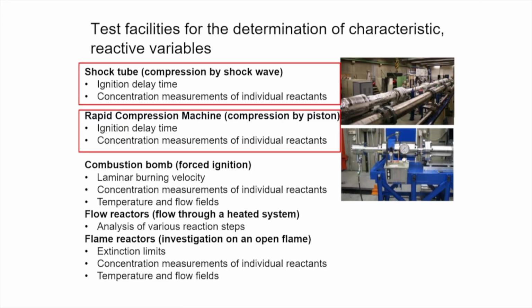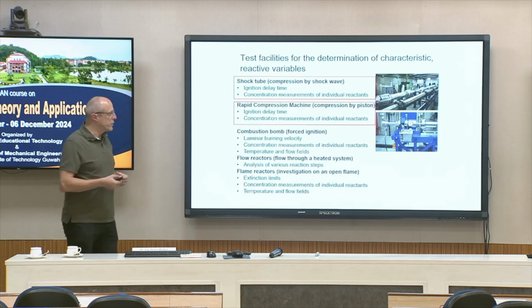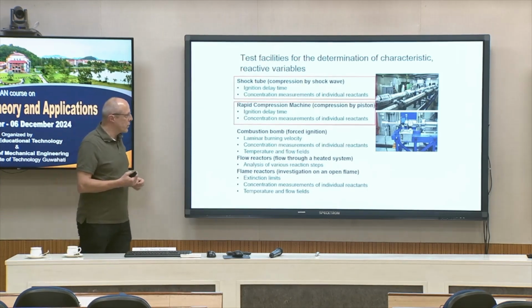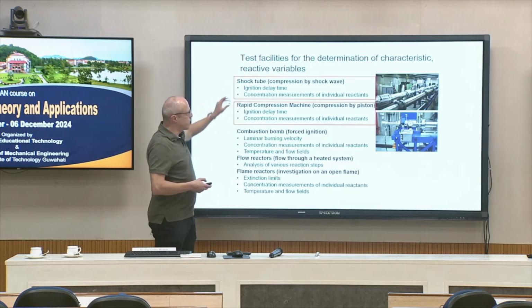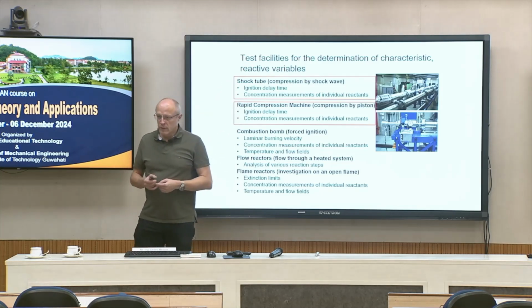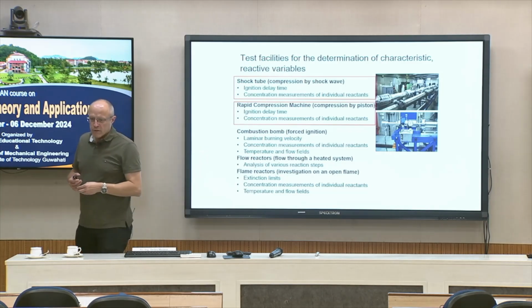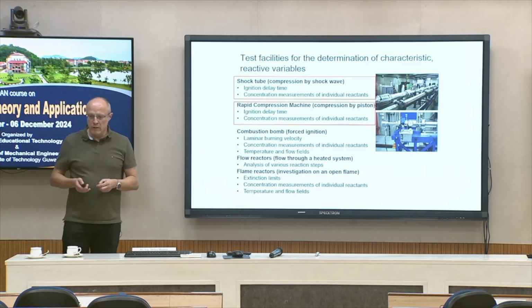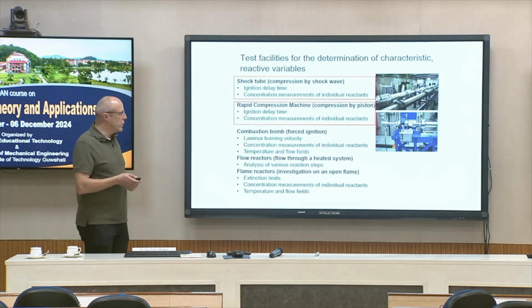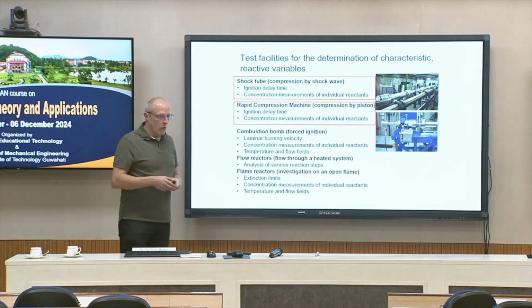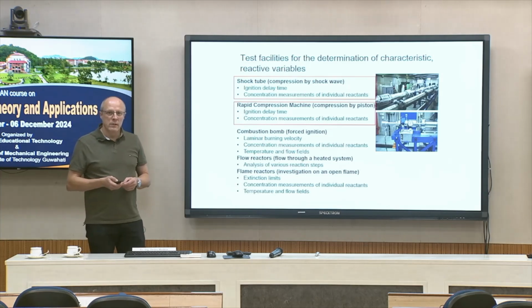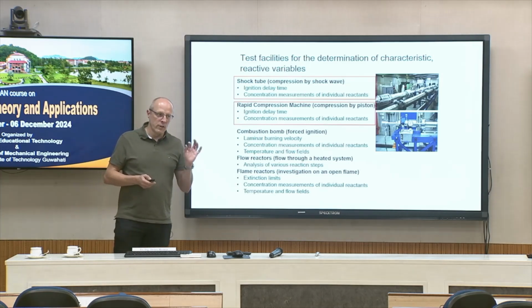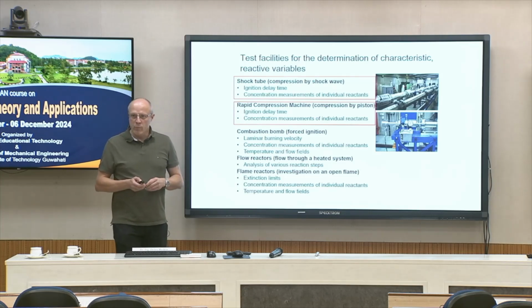The advantage of these two measurement devices, shock tube and rapid compression machine, is that we can examine ignition delay time at given conditions, and we can perform concentration measurements of individual reactants. So we can really look at very specific reactions, selected individual elementary reactions.